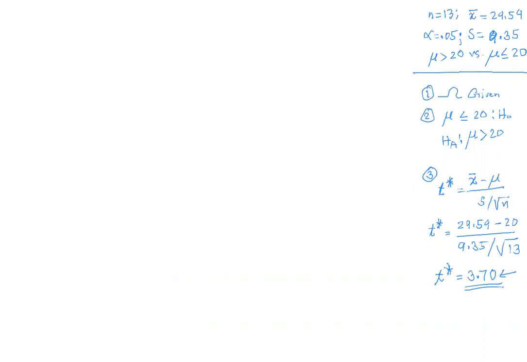All right, number 4, your critical region. So T distribution, right tail. What is the alpha? Alpha is 0.05.